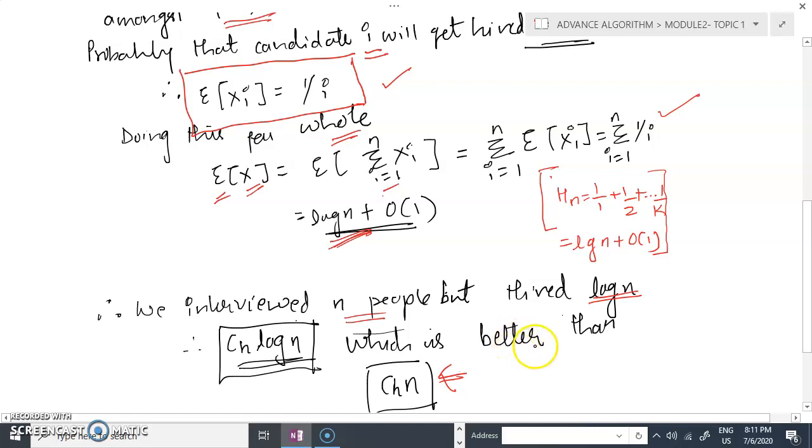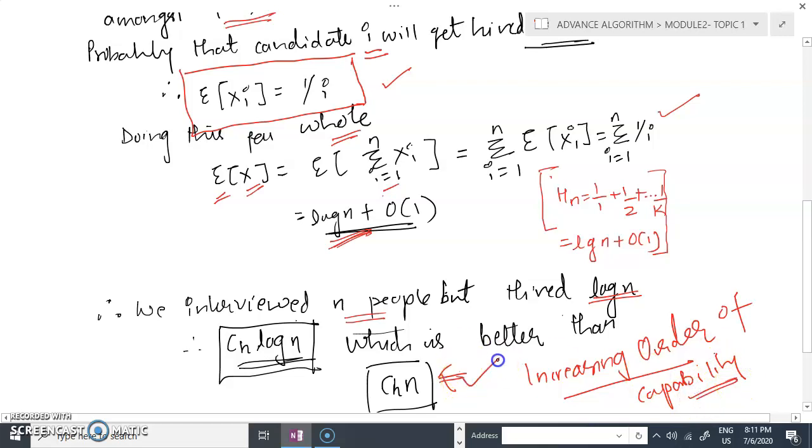That was the case when the candidates were sent in increasing order of capability. If the input was in increasing order of talent or capability, then every next candidate will be hired, so the cost will be c h n. Now, with randomization and the indicator random variable, we have reduced our cost to c h of log n.